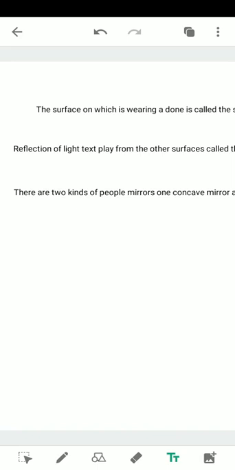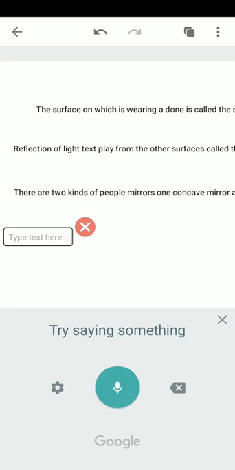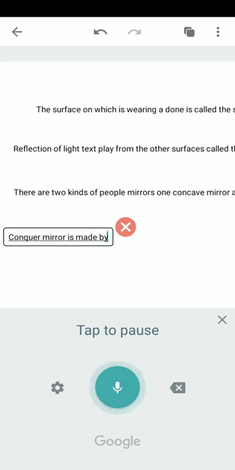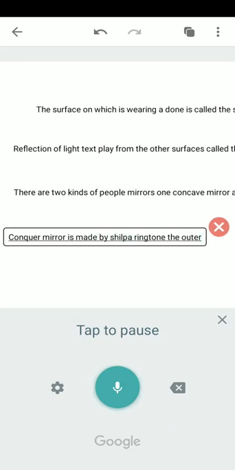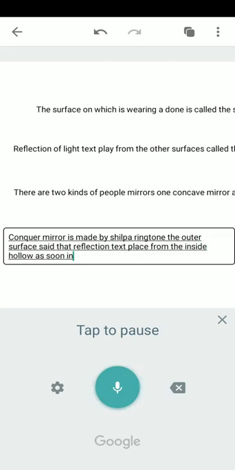So now I am going to write, a concave mirror is made by silvering on the outer surface such that the reflection takes place from the inside hollow as shown in the figure.